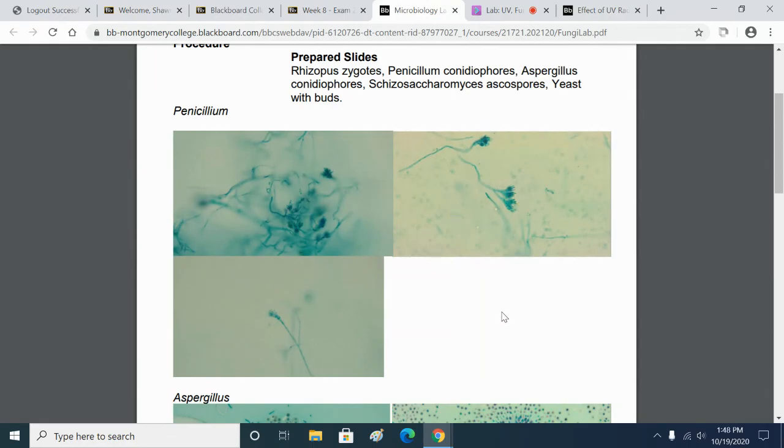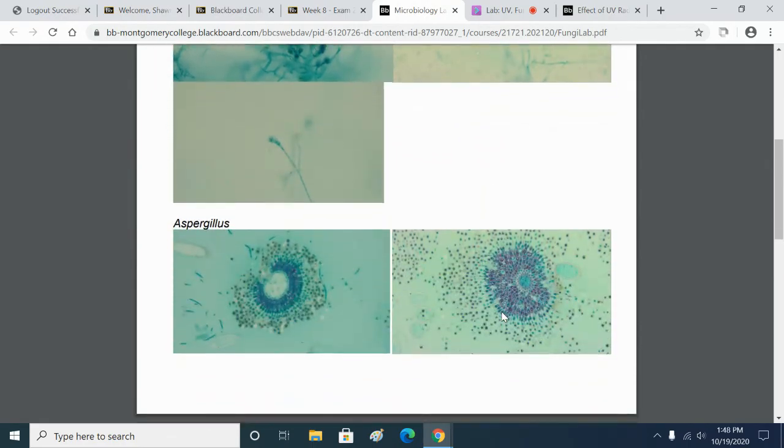Now, Aspergillus is different. This one's easy to find, and also sort of the prettiest looking one. They look kind of like flowers in the microscope when they're stained. But the conidiophore for Aspergillus is a ball, a ball that's covered with spores. What they've done on the slides is take a slice of that ball and stain it.